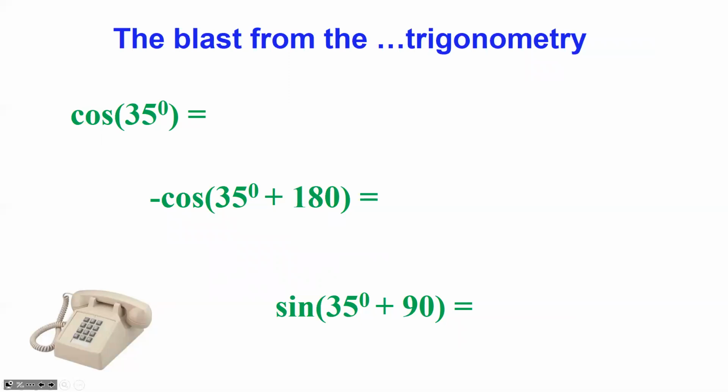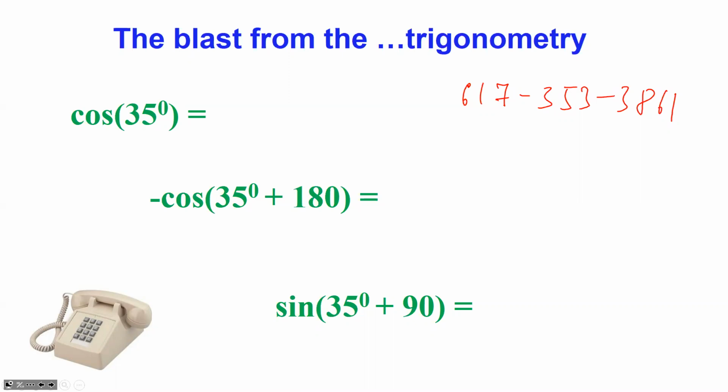Now, please take a calculator, calculate 3 numbers, and if you notice something interesting, please call me. Please take a calculator, switch it to degrees, don't forget, because sometimes students forget to switch the calculator from radians to degrees and get wrong numbers.